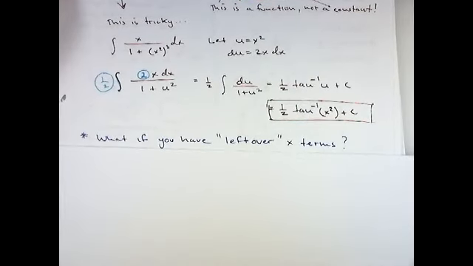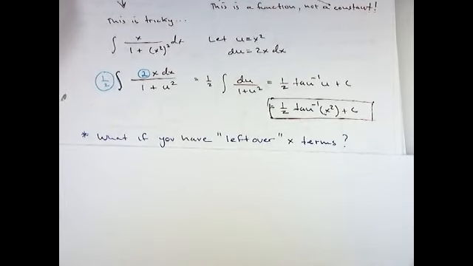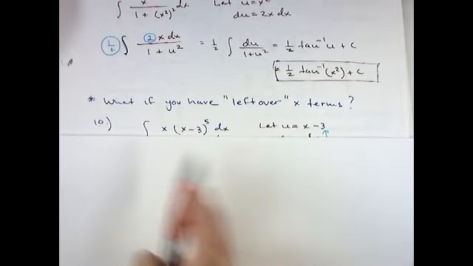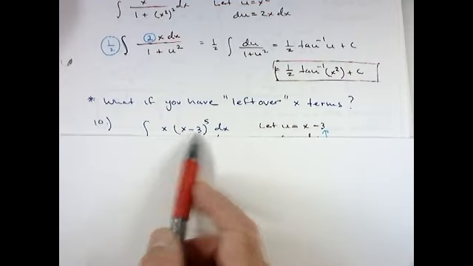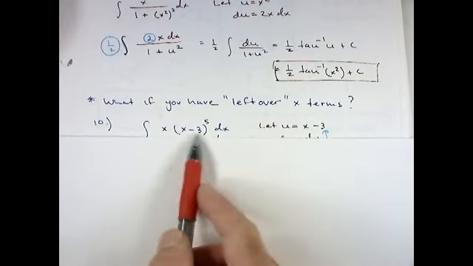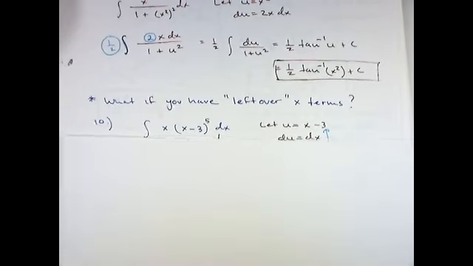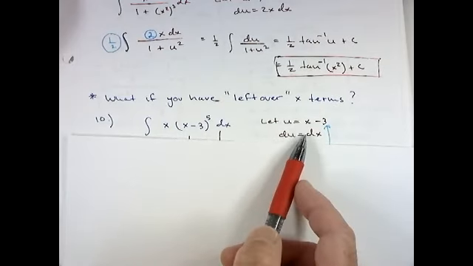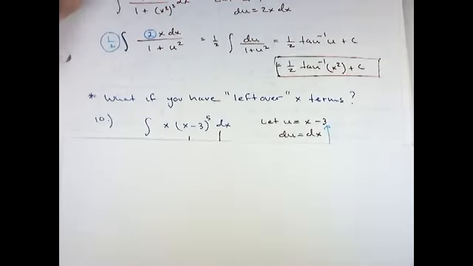Now, what if you have leftover x terms? So for example, I want to integrate x times x minus 3 to the 5th. Seems like a logical choice for you would be the parentheses, just x minus 3. du for x minus 3, the derivative of x is just 1, so du is equal to dx.